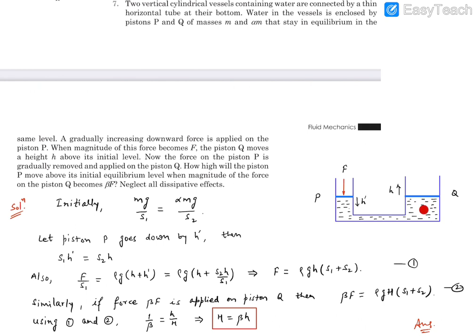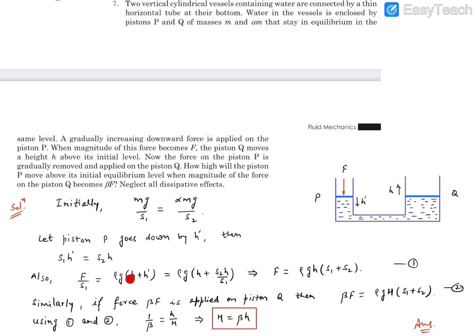On the right side, the extra pressure comes from the extra liquid that has been rising up, and the height from this level is going to be H prime plus H. So it will be extra rho g into H plus H prime. So this excess pressure is equal to this excess pressure.